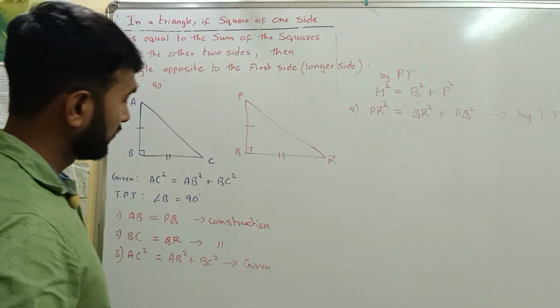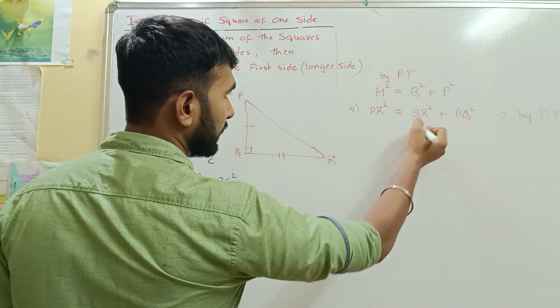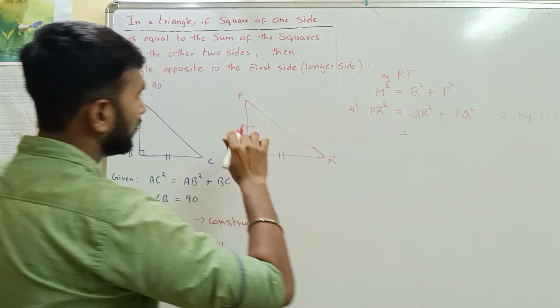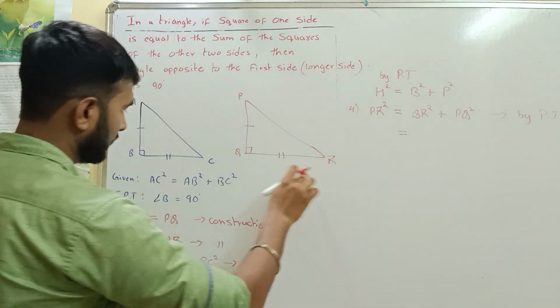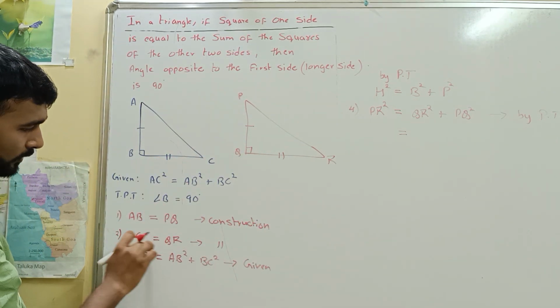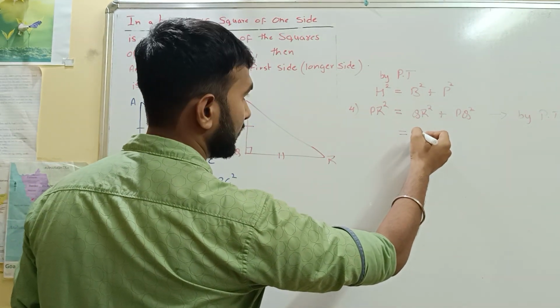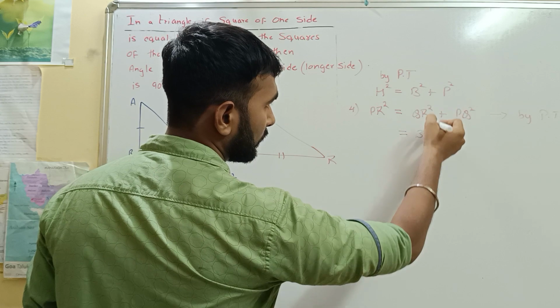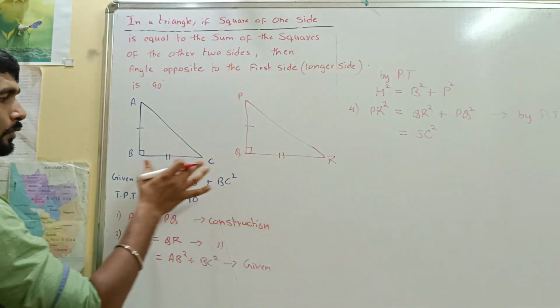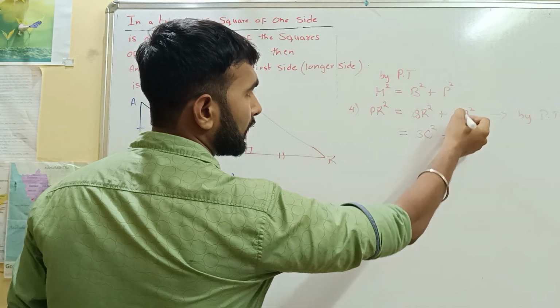Now if I observe this part, that is QR square, QR is also equal to BC, right? So in place of QR I can write BC, and this square I'll put here as it is. So in place of QR I wrote BC. Okay, plus PQ.